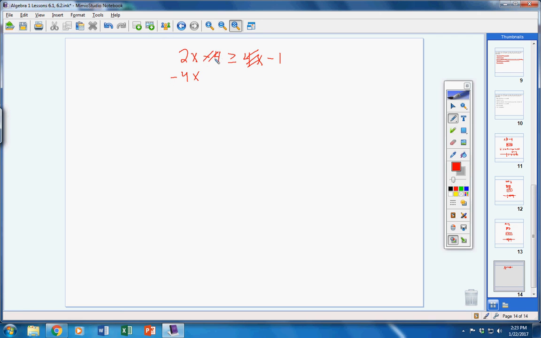Let's bring the negative 4 over and make it a positive 4, okay? Positive 2x minus 4x, that's a negative 2x. Negative 1 plus 4, that's a positive 3. Bring the inequality down. Now, step 4, simplify both sides, already done. Step 5, isolate the variable. So we're going to divide both sides by a negative 2.